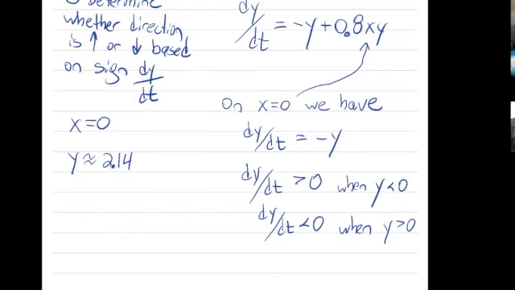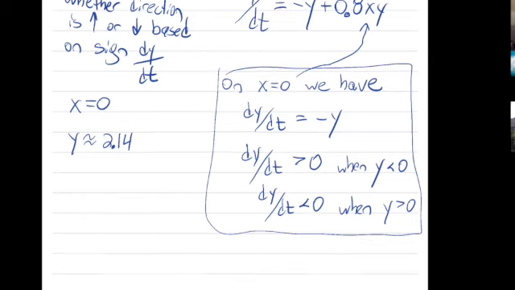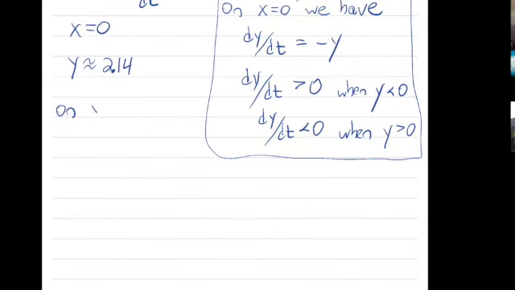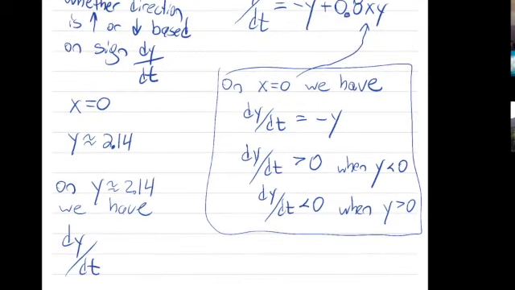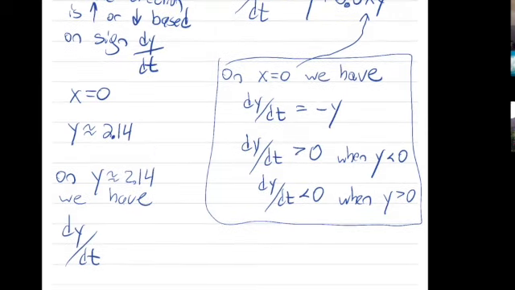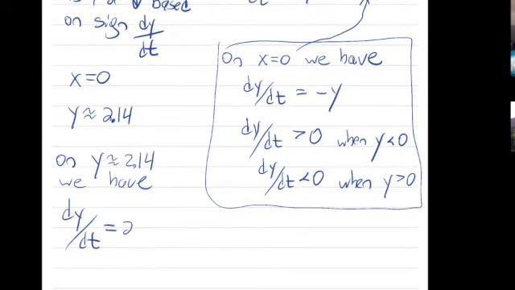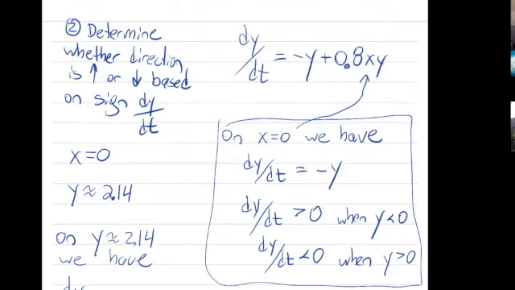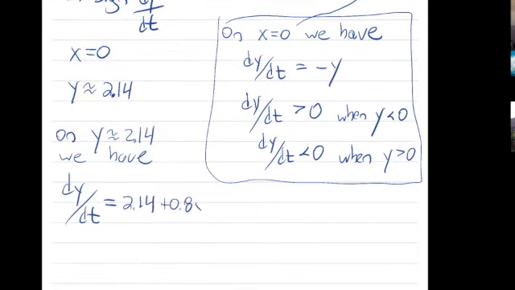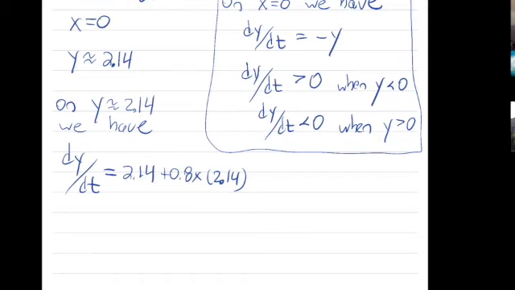Okay, and so then taking a look at the other line, we would plug this into dy dt, and then we can simplify.